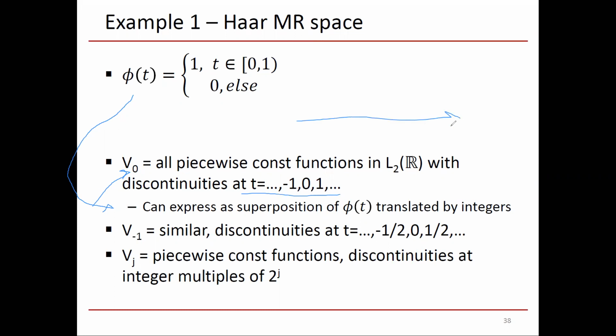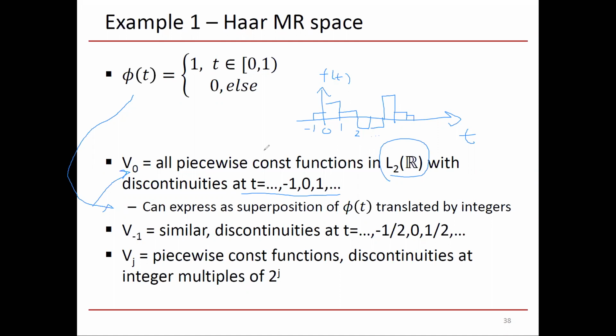Okay, so to visualize this, horizontal axis is t, vertical axis is f of t, and L2 of R meaning finite energy, so it might be something like this, but it's a staircase function. So these are integers, 1, -1, 0, 2, and so on.